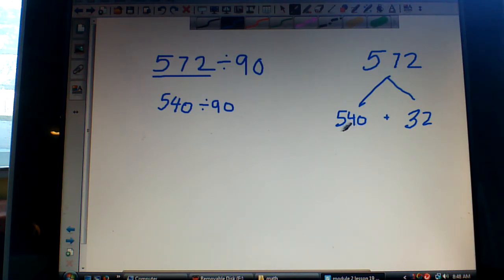So now I'm using the 540 here to divide it by 90. Okay? So let's keep going. So how many groups of 90 are in 540? Think about that. 54 divided by 9 is what? 6, right? 6 groups of 90.